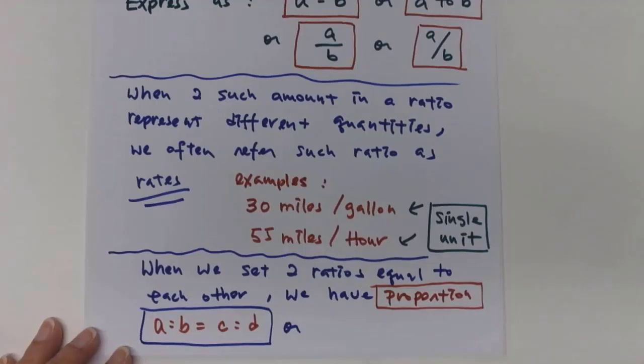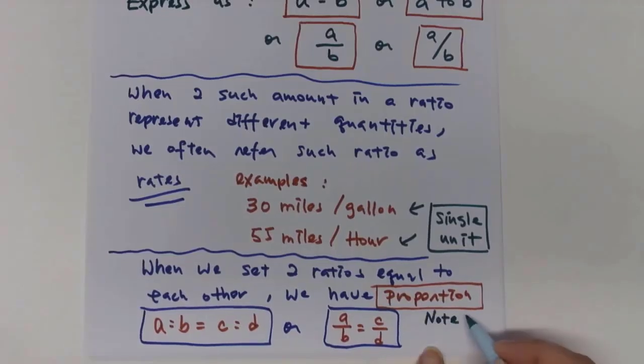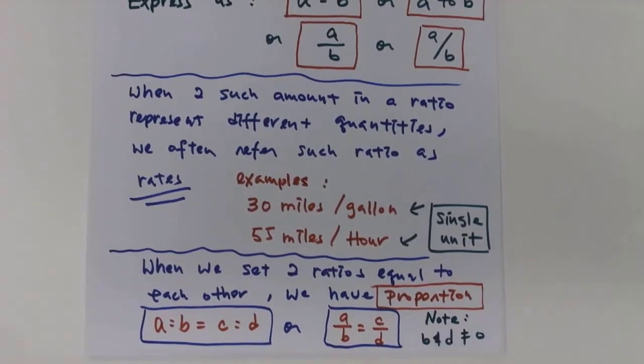Or we can write A/B equal to C/D like that. Just be careful that the denominators cannot equal 0. Okay, so this is the basic introduction.